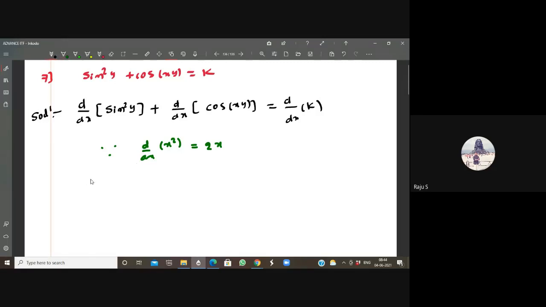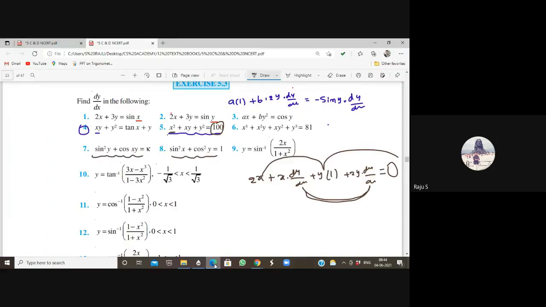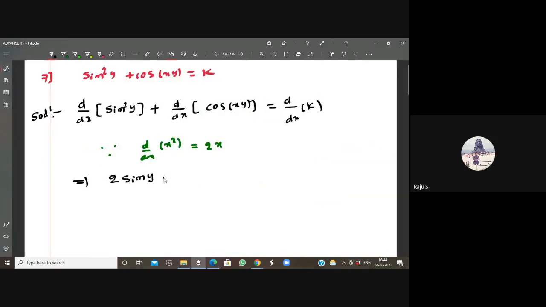Which implies 2 sine y, again times the derivative of sine y. I differentiated just the square, I applied the x square formula.